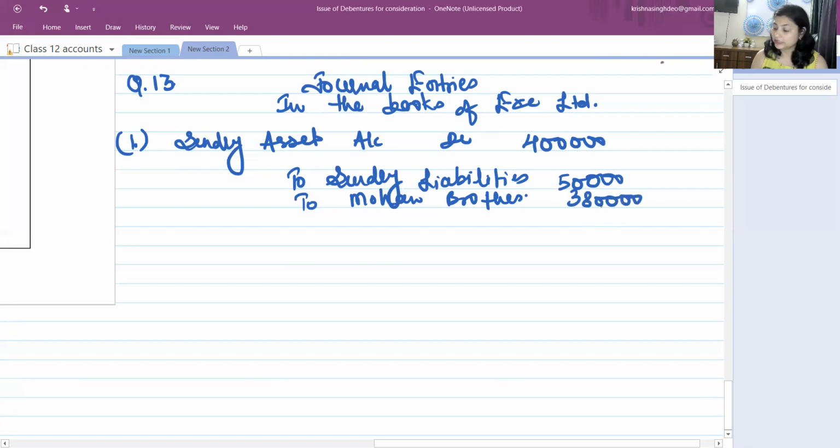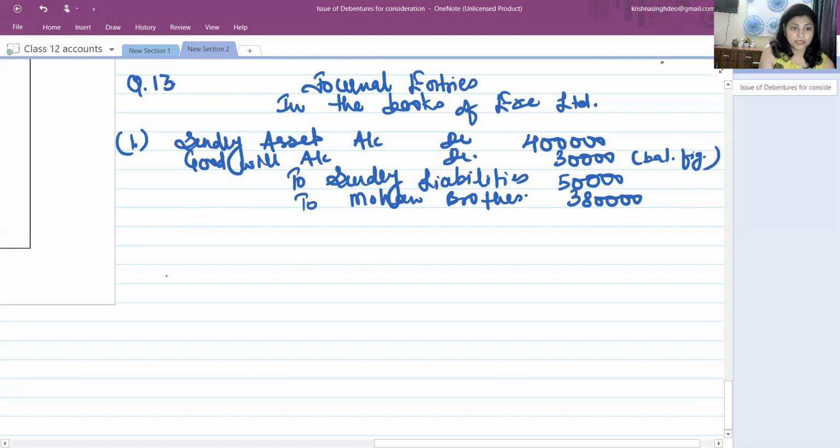So 3,80,000 plus 50,000 is 4,30,000. So the balancing figure, goodwill, will appear on the debit side. Goodwill account debit 30,000, and this is the balancing figure. We have passed the first entry.